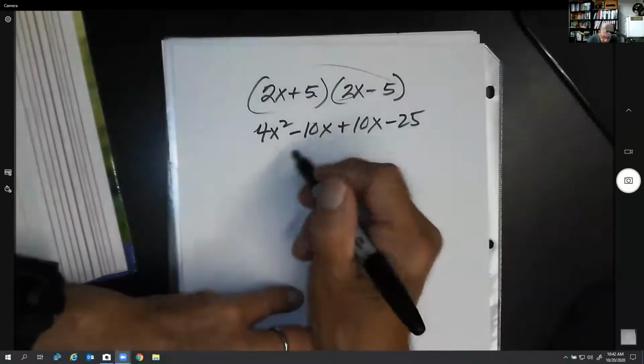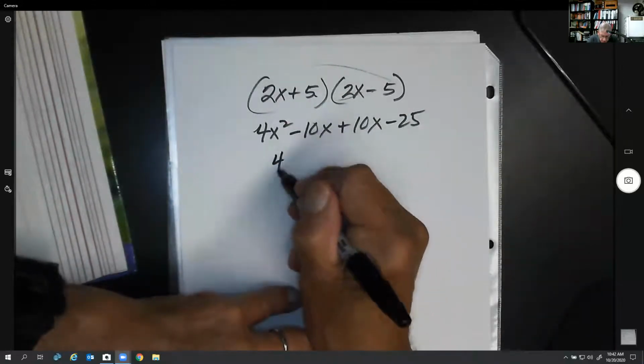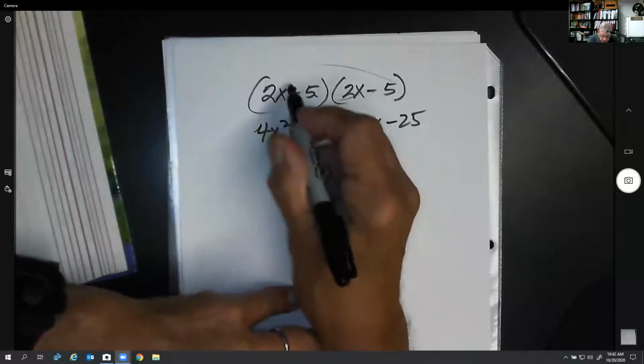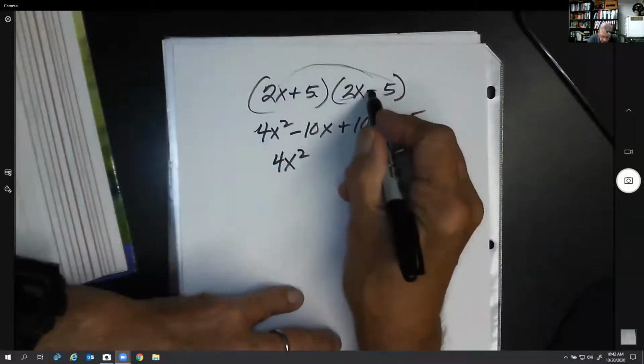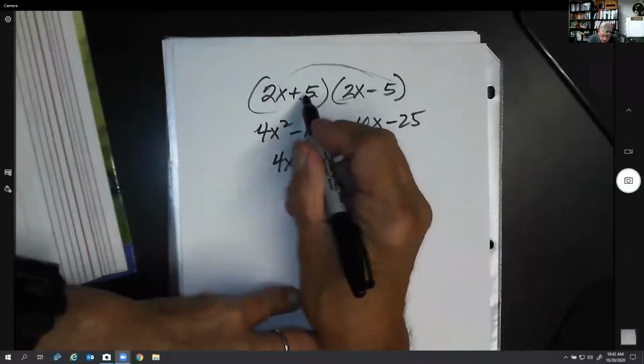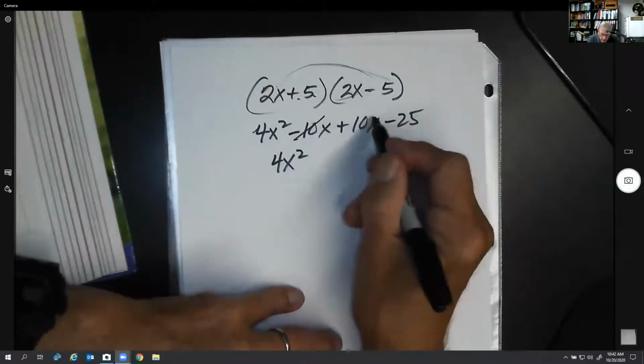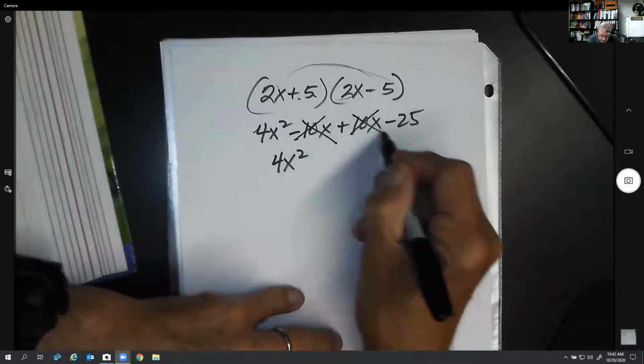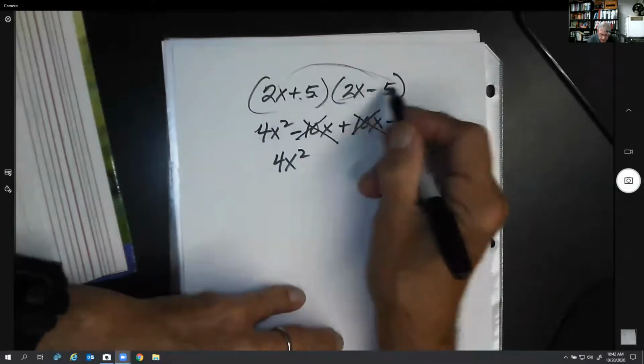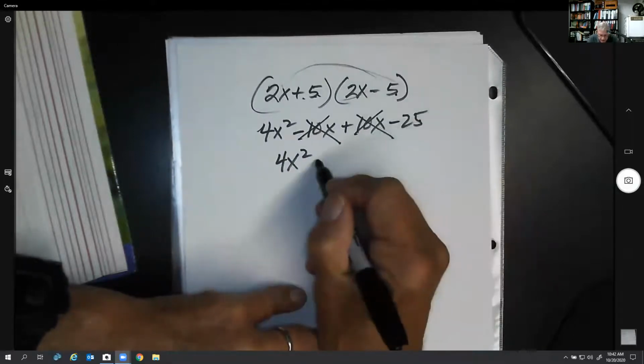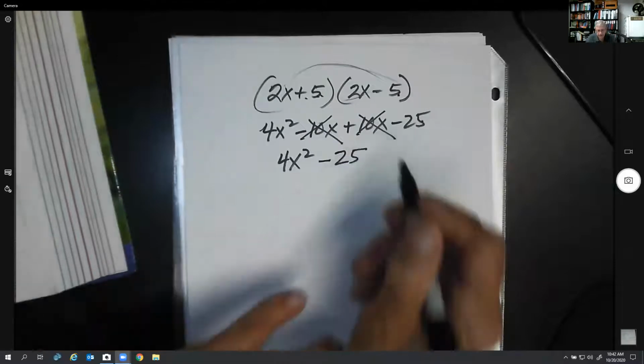Well, what happens when we combine like terms? You see you have a negative 10x, and that's why you want to be careful about your signs. And notice here, you want to be careful about these signs because you see these cancel out. And a positive 5 times a negative 5 was the negative 25.